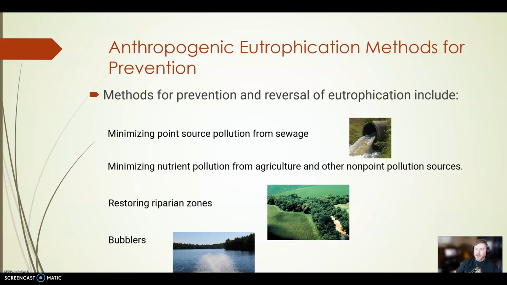A final way, that's more controversial, is the installation of bubblers or aerators. Much like a fish tank, bubblers provide oxygen into the water while stirring up the water so algae cannot form.